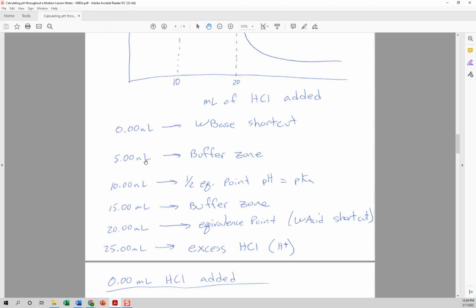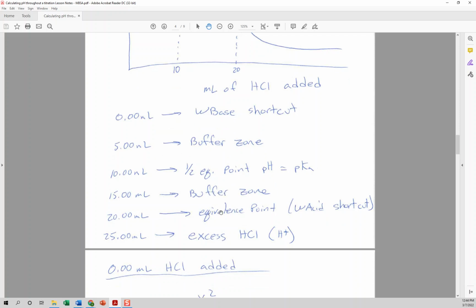So at 5 milliliters, 10 milliliters, and 15 milliliters we're in the buffer zone. We use the Henderson-Hasselbalch equation for 5, 10, and 15 milliliters of HCl added. But we can shortcut the 10 milliliters one because that is our half equivalence point, and we know the pH is going to be equal to the pKa. Again, that comes from the Henderson-Hasselbalch equation, all right?